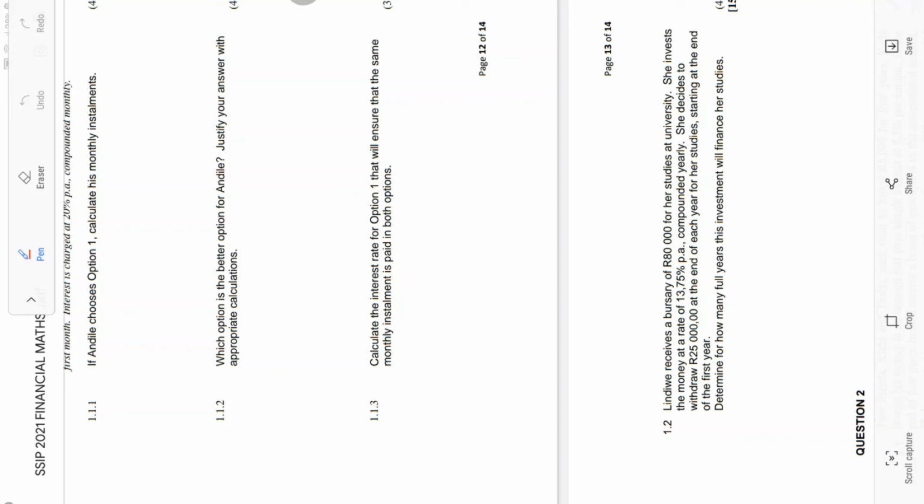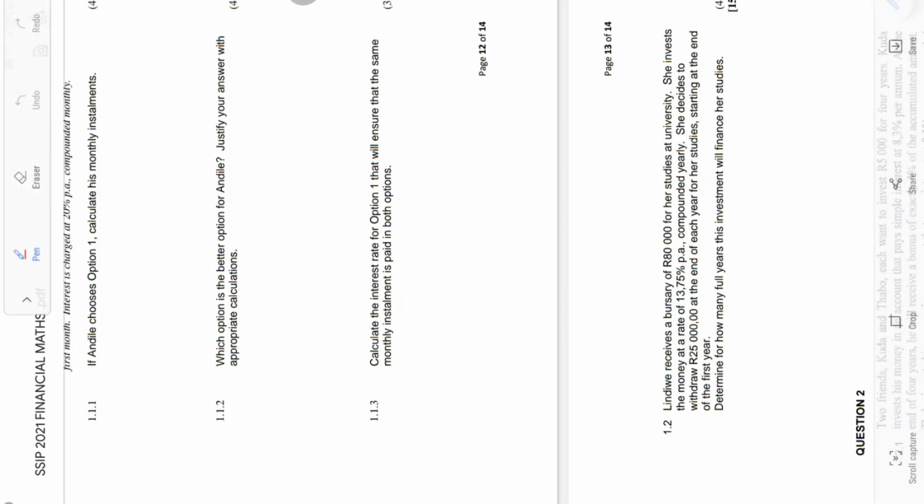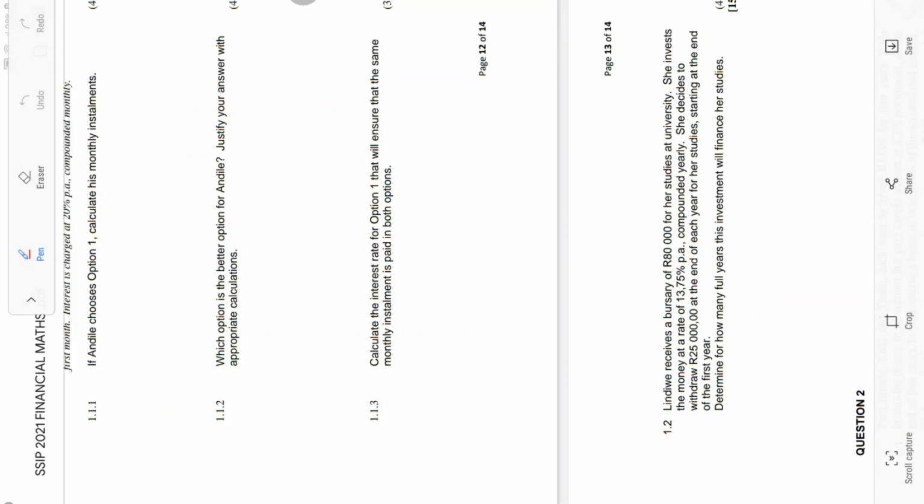She invests the money at a rate of 13.75% per annum compounded yearly. She decides to withdraw 25,000 at the end of each year for her studies, starting at the end of the first year. Determine how many full years this investment will finance her studies.